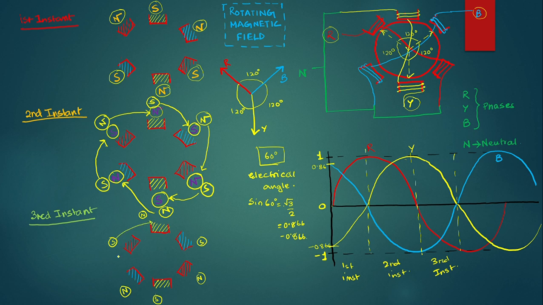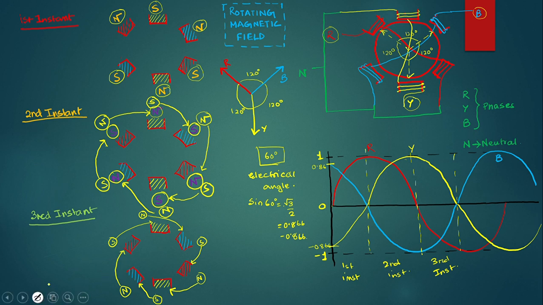So according to this direction of rotation, this south will move over here, this north will move over here, the south will move in here, north will go over there, south here, and this north again to this one, right?